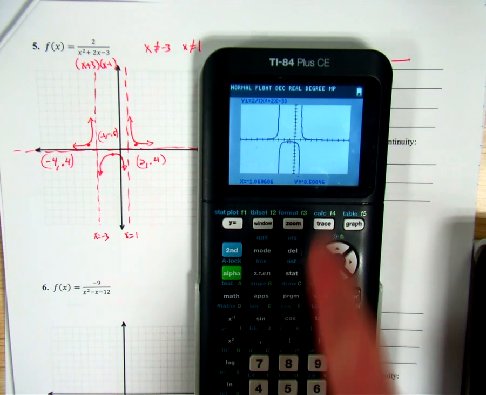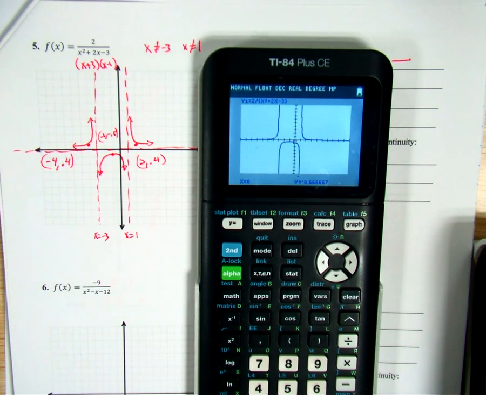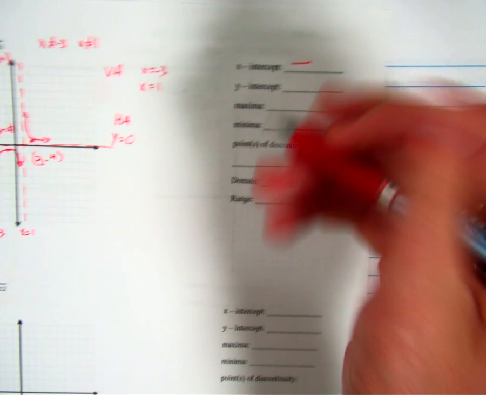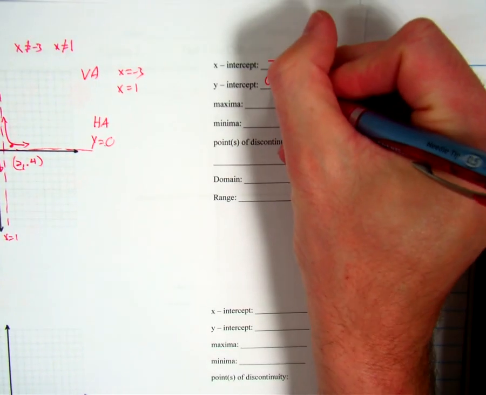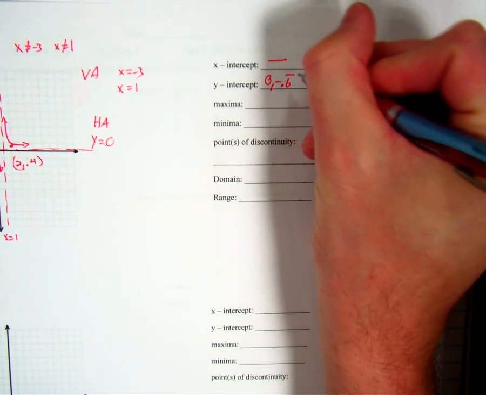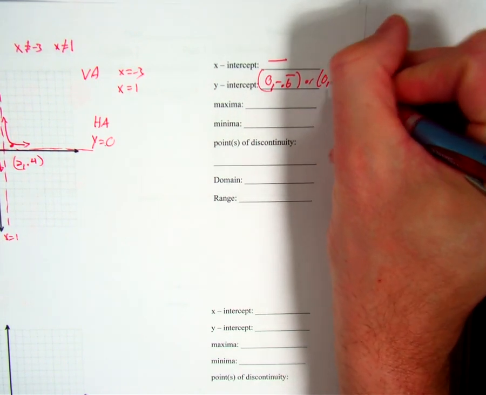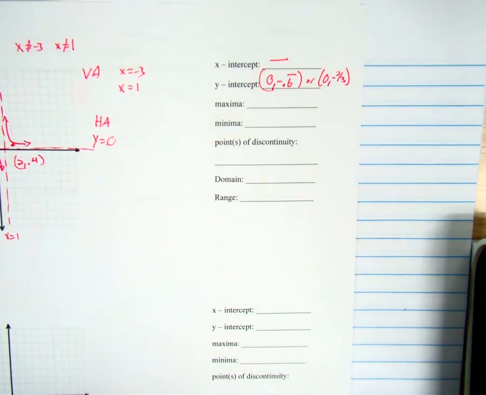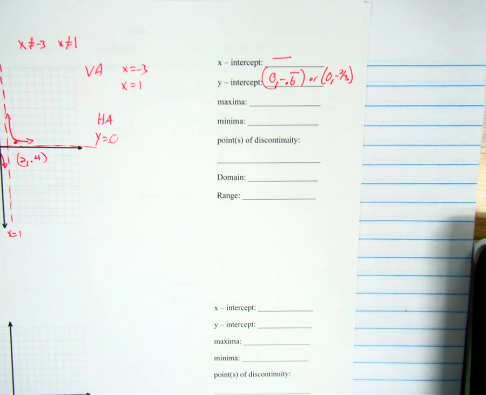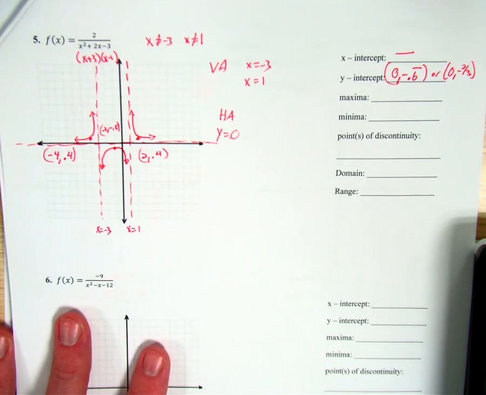So trace, 0, enter. -0.6 repeating. You do need the repeating. Or let's go 0, negative 2/3. Okay, fraction or repeating bar on that decimal.